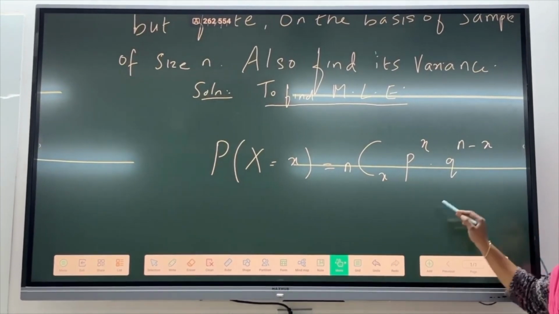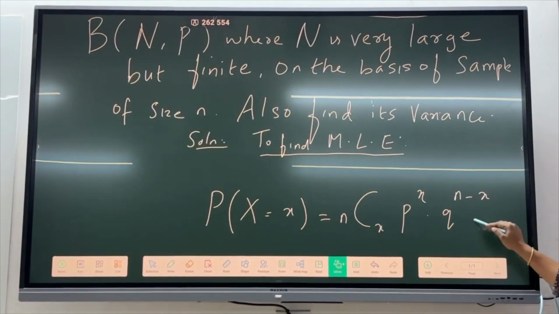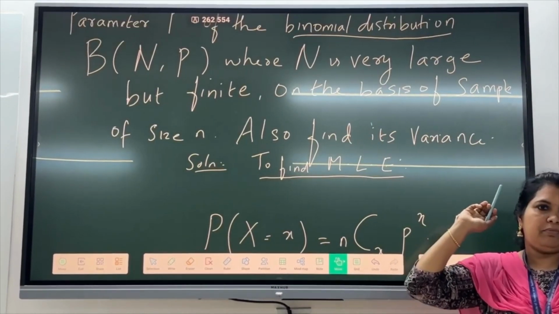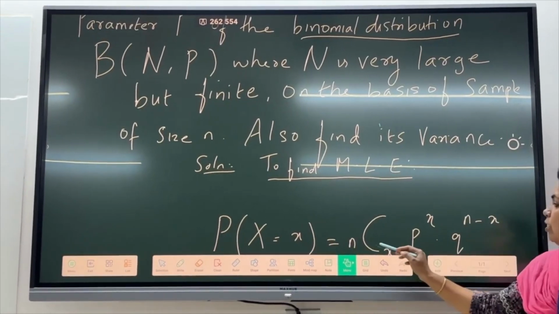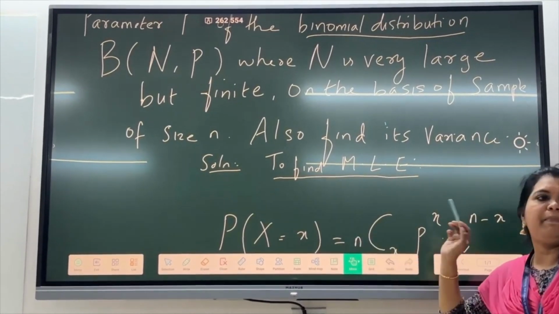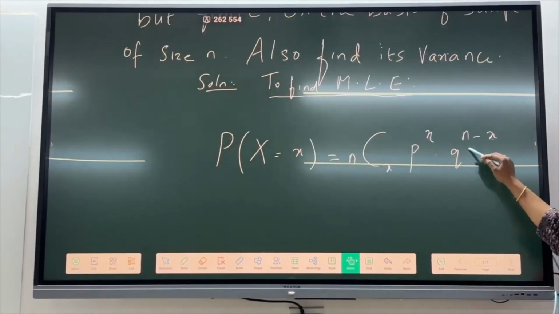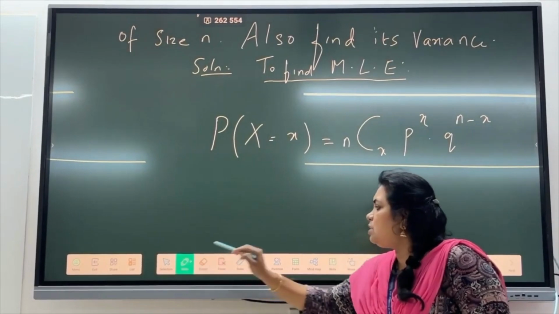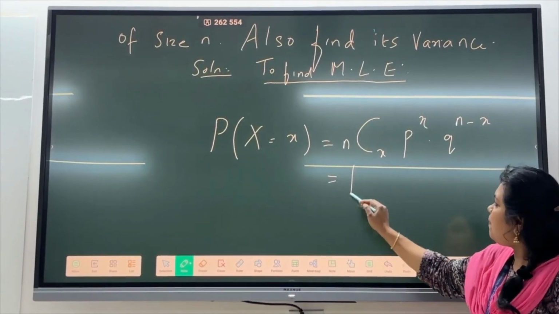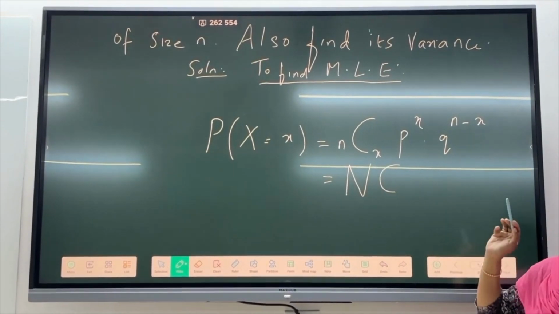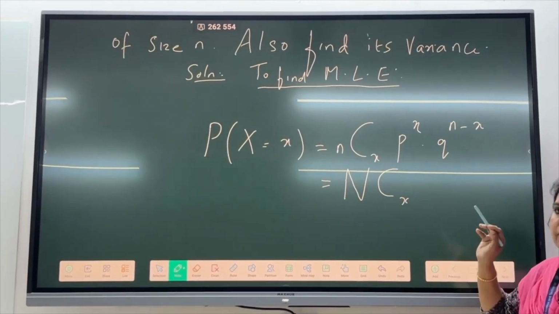But look at the question now. The binomial distribution formula is for capital N comma p. So we are going to change the parameters according to our problem. How will I change it? It becomes capital N C x.